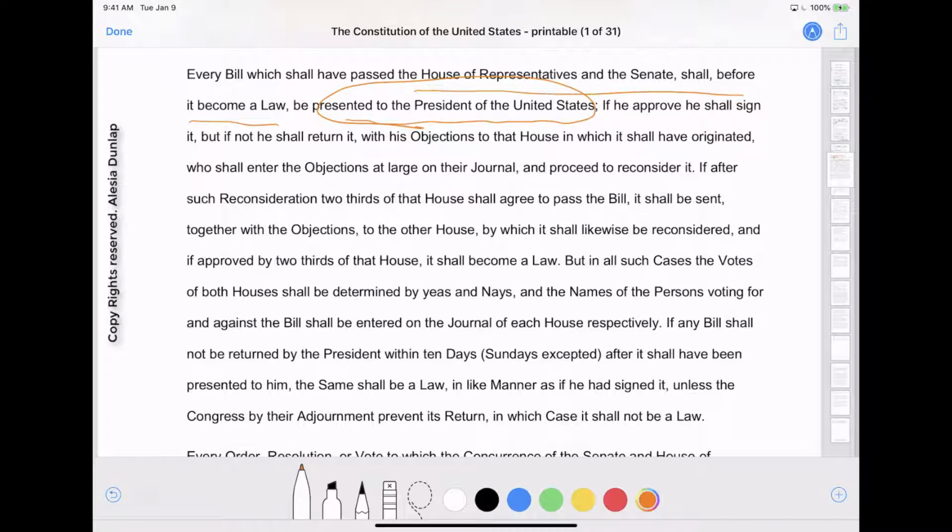So the president has to say, I veto this bill because 1, 2, 3, 4, and 5. He shall return it with his objections to that house in which it shall have originated, who shall enter the objections at large on their journal and proceed to consider it.